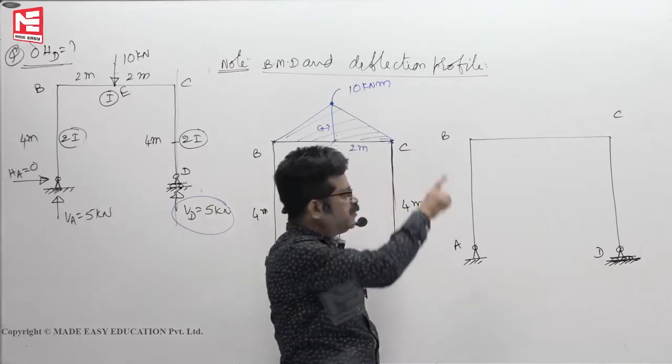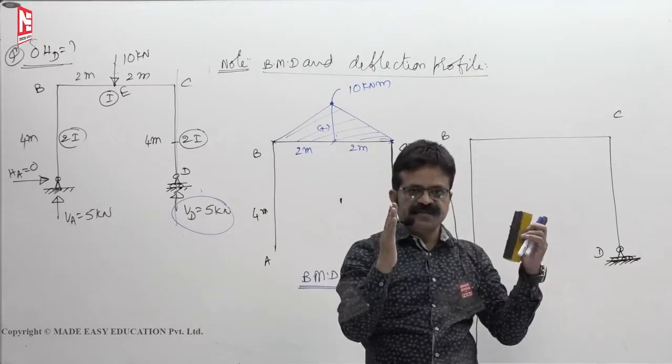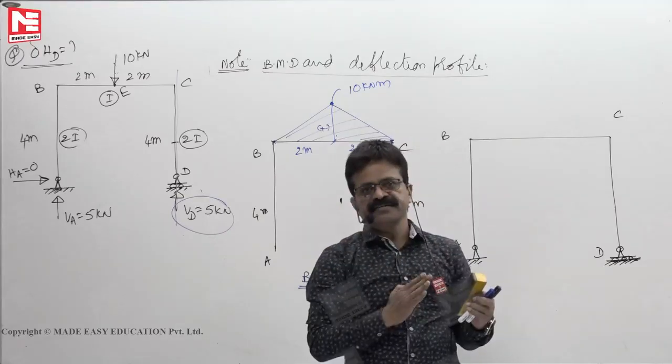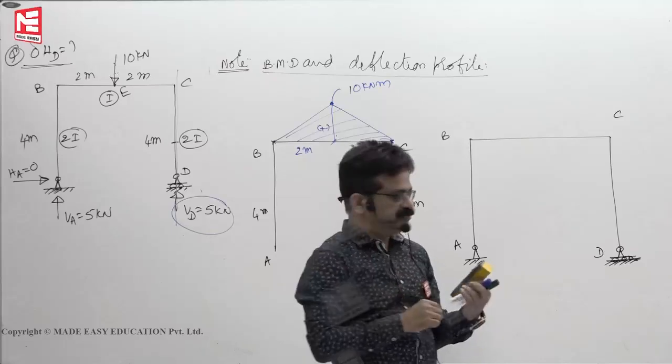In this case A, B, C, D, bending moment is 0, so they have to be straight, but they can rotate as a straight line only. They cannot have a curved shape.